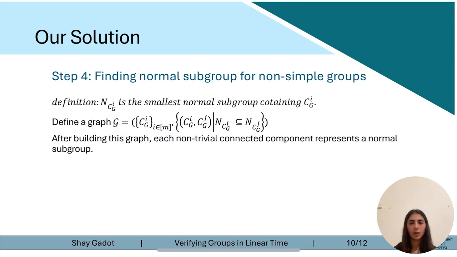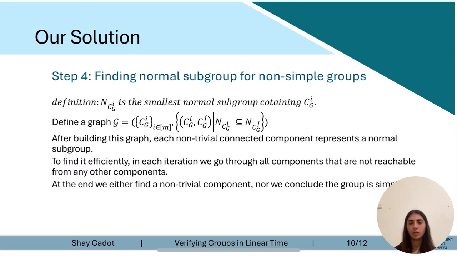Okay, so after building this graph, we get that every non-trivial connected component of the graph represents a normal subgroup. This means, of course, after we finish spanning all edges of the graph as defined above. So in order to do this efficiently, in each iteration we only go through components that are not reachable. Why?